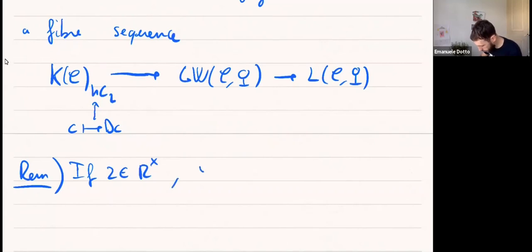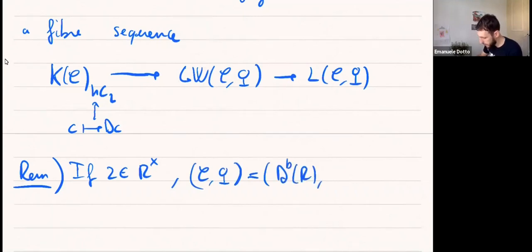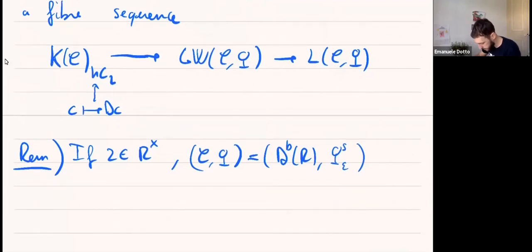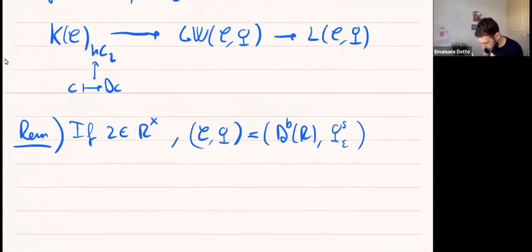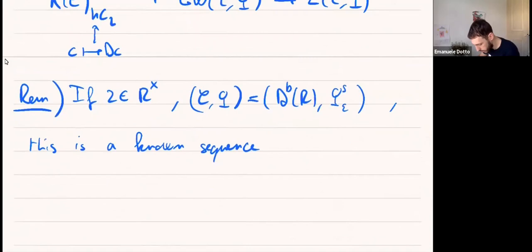We take CQ to be, again, this perfect category of chain complexes. And then remember, we had all of these Poincaré structures, but when 2 is a unit, they're all equivalent. Let me take the symmetric one. So this is a known sequence, where at least maybe not at the level of spectra, but at the level of homotopy groups for sure.